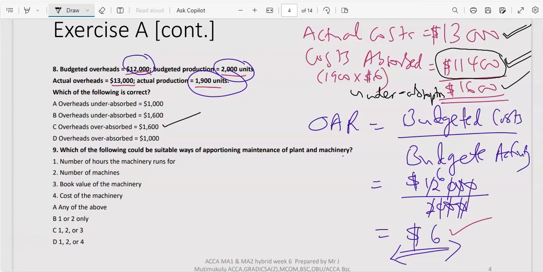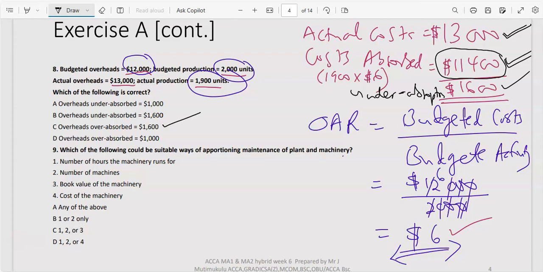By allocation, we are simply saying we are allocating the whole of the cost to the entire department or entire section. Now, after we've allocated maintenance costs to a particular department, for example, a production department.